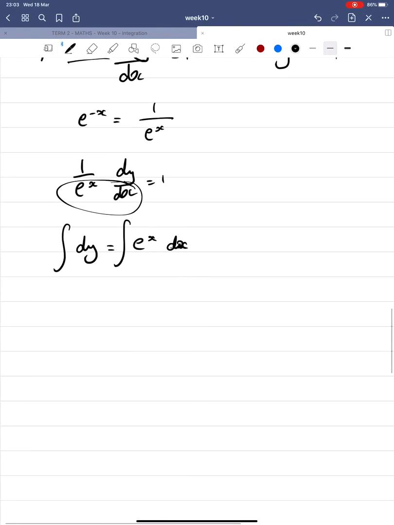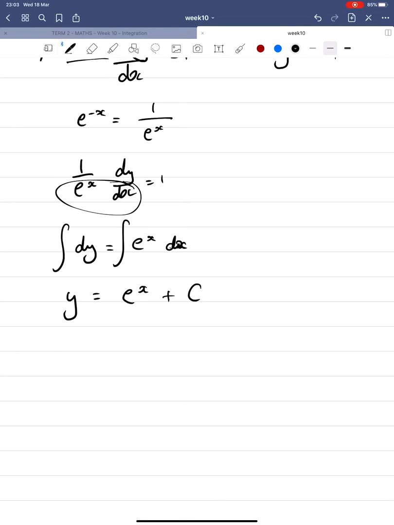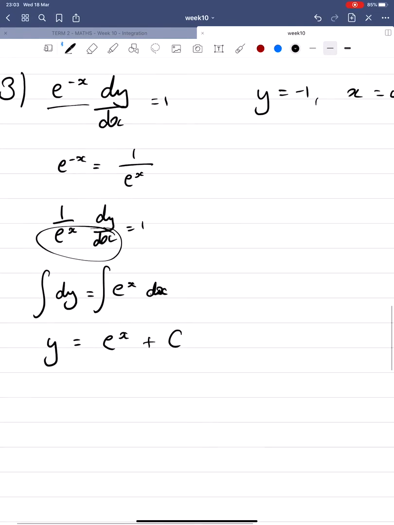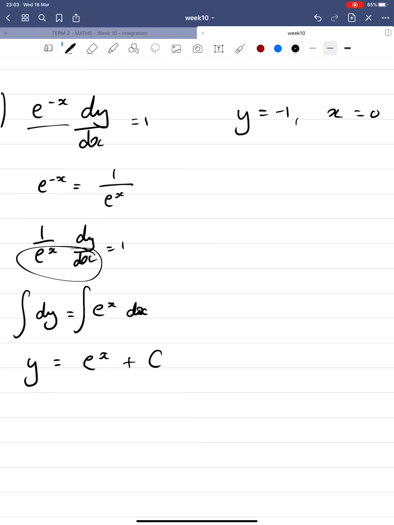Can drop in my integral signs, and I get y is equal to e to the x just integrates to e to the x. So I just get e to the x, and then I have to remember my constant of integration. How do I find it? I find it using these values that I was given.